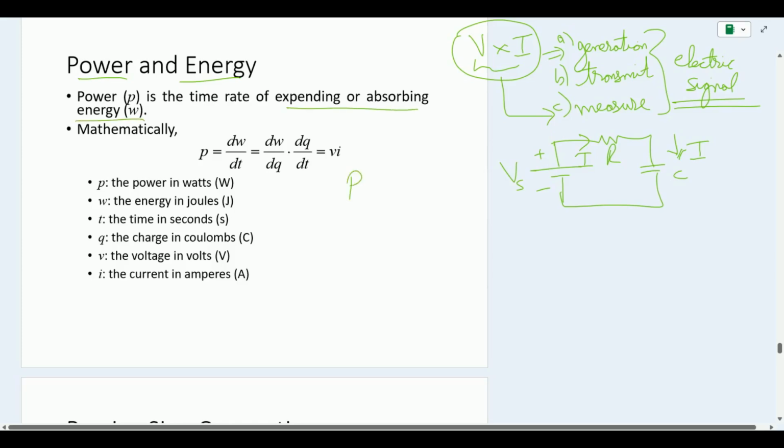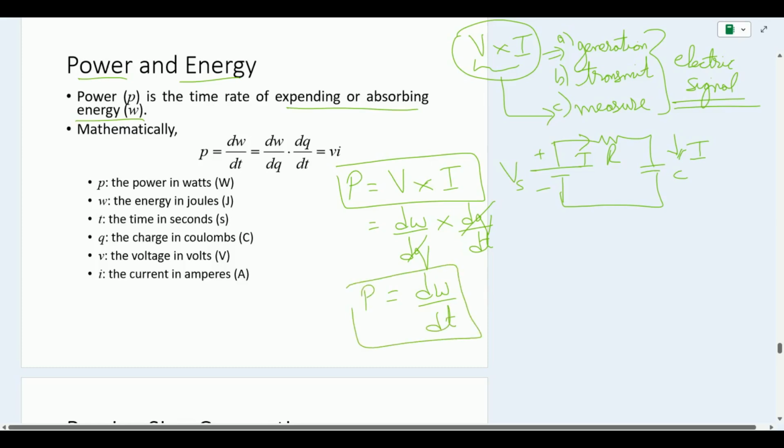We know that power is derived from the multiplication of the voltage and current, and we know that voltage was the amount of energy or work done to move a charge from a lower point to a higher point, multiplied by current, which is the rate of flow of charges. So the power comes out to be a certain amount of work done in a given amount of time, or a small amount of work done in a small amount of time, having the unit of watts.